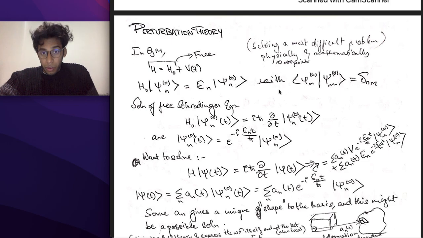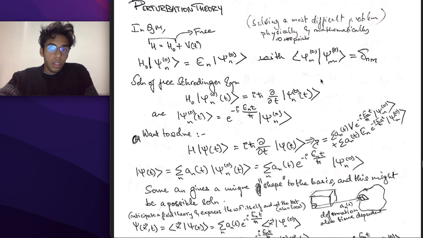Now, you assume your free basis to be perfectly orthogonal. That means the bra psi naught n, ket psi naught m is delta m n.